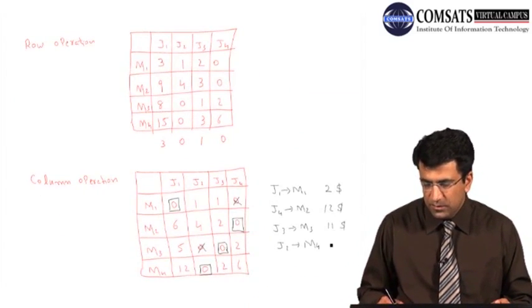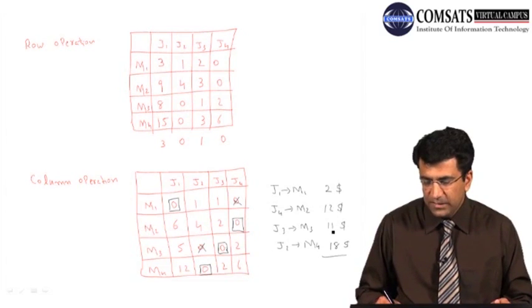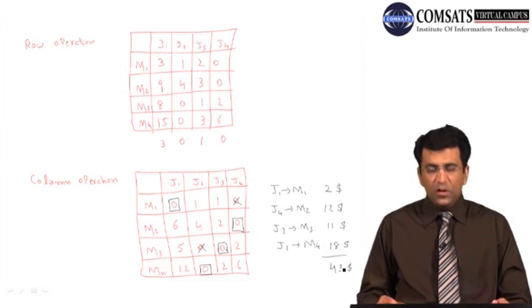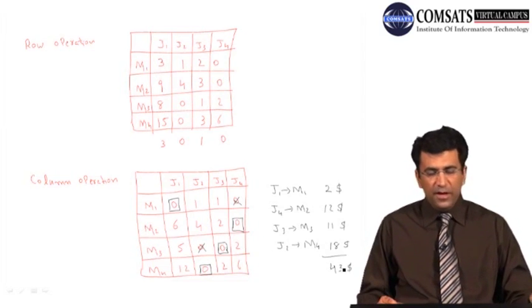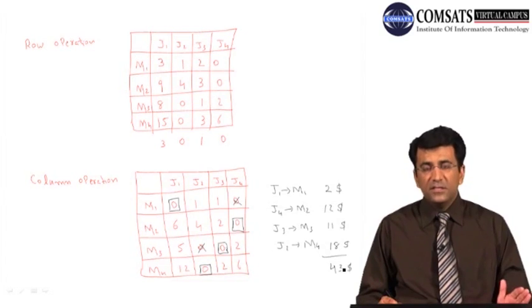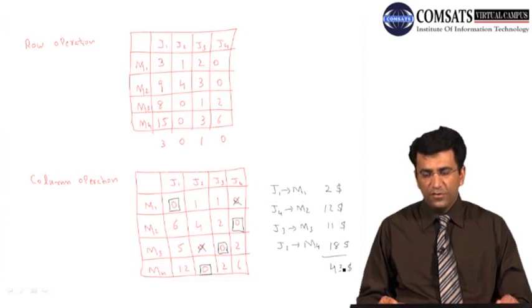So this is $18, and we'll have to add up all of these values. 12 plus 2, 14, plus 11, 25, plus 18, $43. So class, $43 is our maximum profit actually, and other than this assignment we cannot maximize our profit.